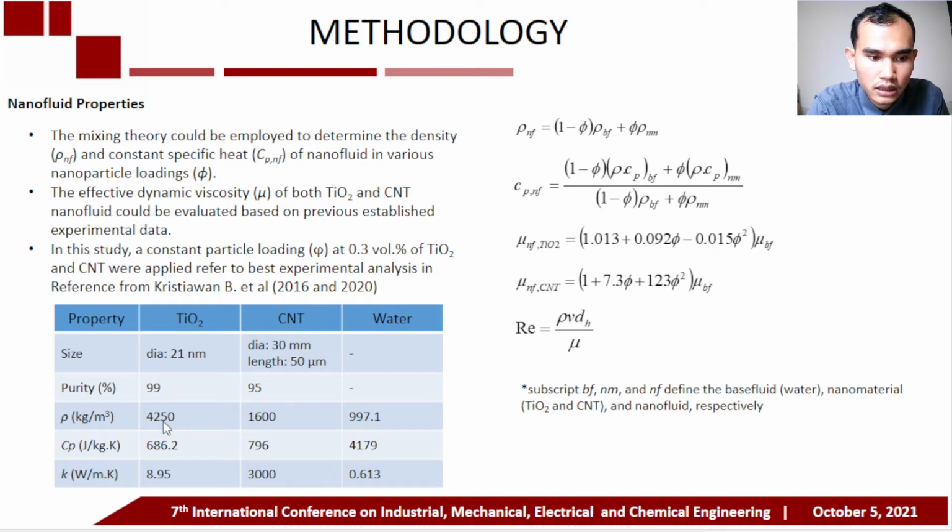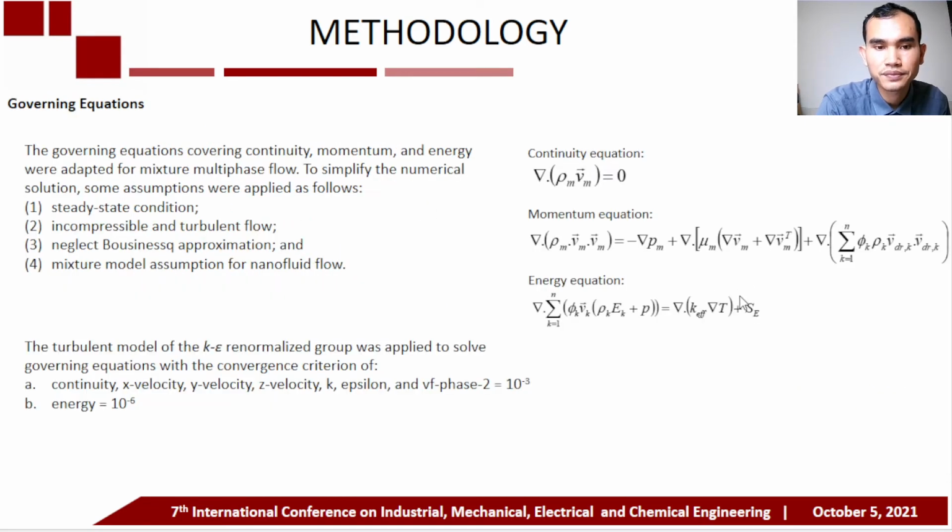It shows that the conductivity of titanium dioxide is higher than water, and the carbon nanotube is much higher than titanium dioxide and water. In this study, a constant particle loading of 0.3% of titanium dioxide and carbon nanotube was applied based on experimental analysis in our reference.